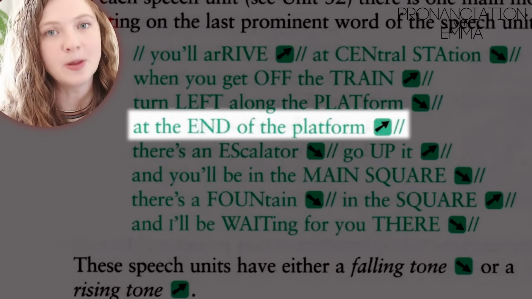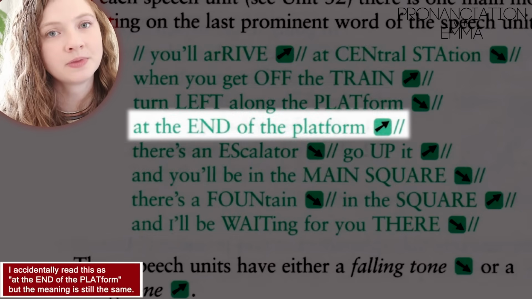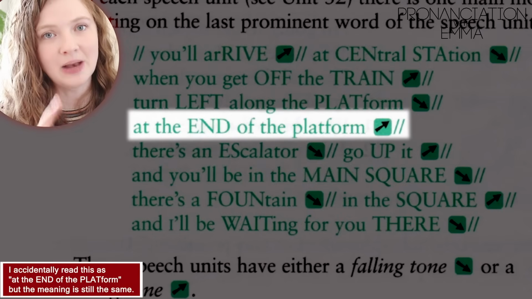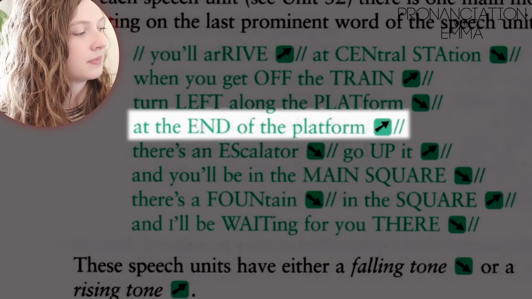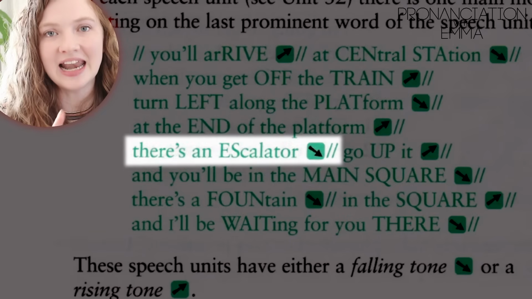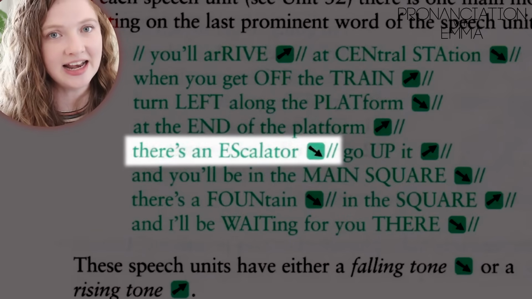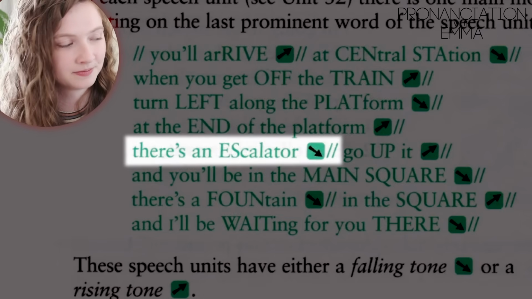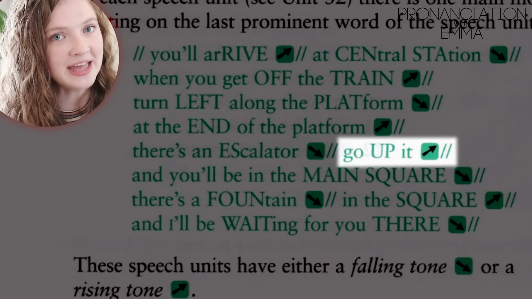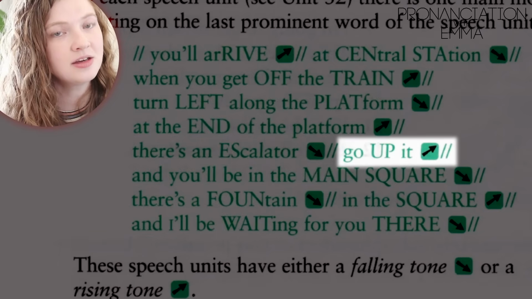At the end of the platform. There's an escalator. Go up it.